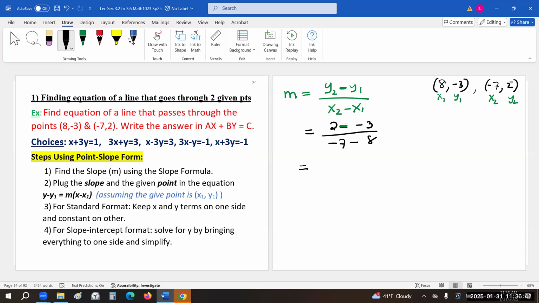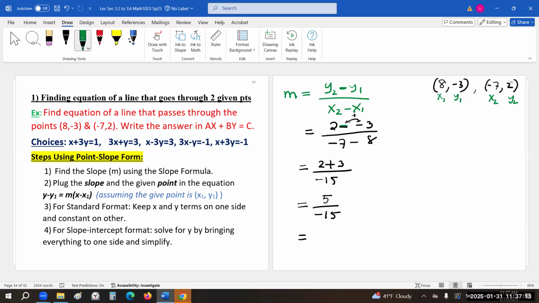So what happens when you end up getting double negative multiplying? Positive. So 2 plus 3, and what is negative 7 minus 8? Negative 15. Double negative means you keep the negative, but actually add the numbers. And what is 2 plus 3? So we have 5 over negative 15. Can we simplify this?